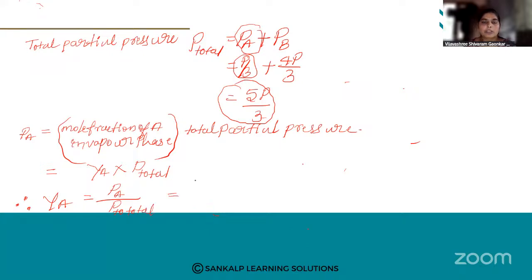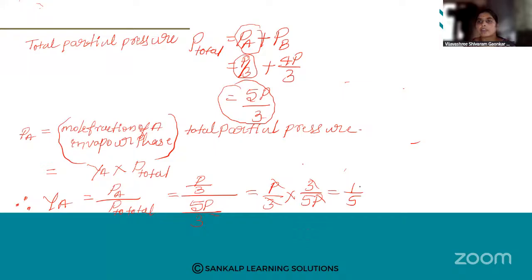PA is P/3 and P total is 5P/3. It can also be written as P/3 into 3/5P. Right? P gets cancelled, 3 gets cancelled. It is equal to 1/5.